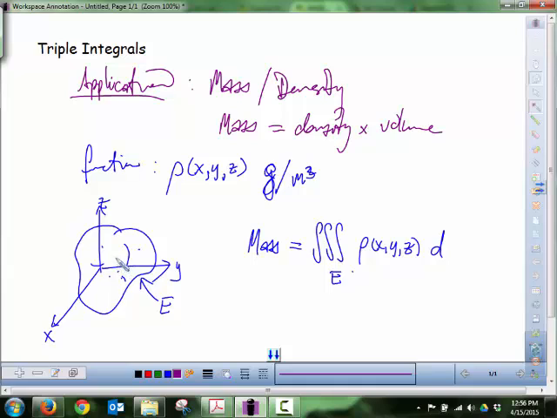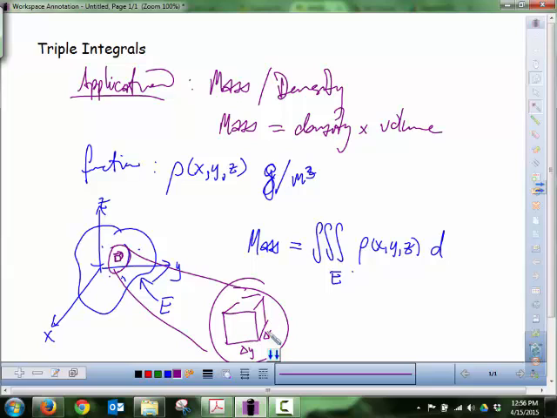Within this region, inside of this solid, we can think about having a small block, a box, that would have a delta x, a delta y, and a delta z, some small change in x, y, and z, where that can be combined together as a volume element.